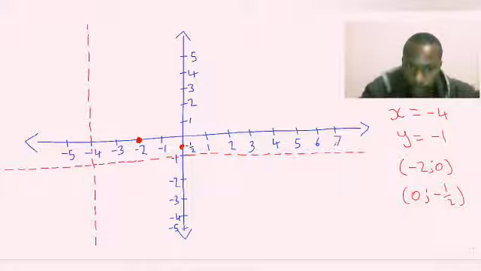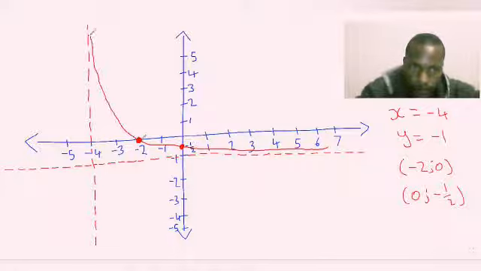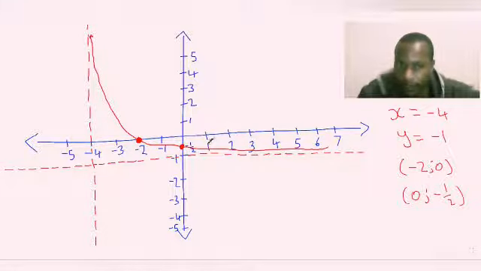We then just need to make sure that we don't touch the axis. We already have the asymptotes drawn in, so we just make sure that we get to the asymptotes as much as we possibly can without touching them.